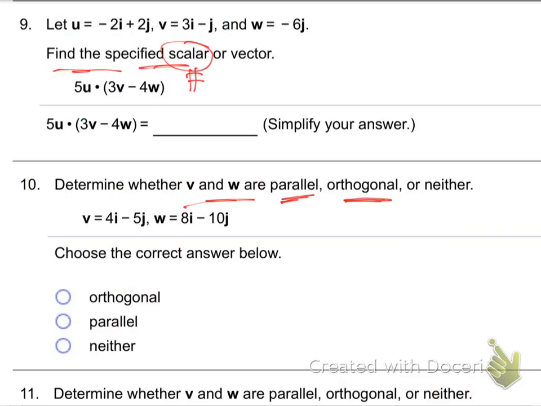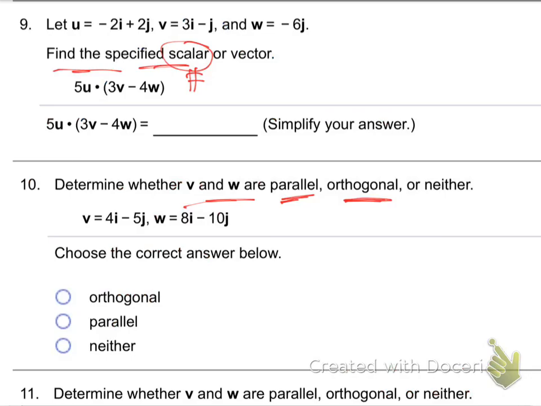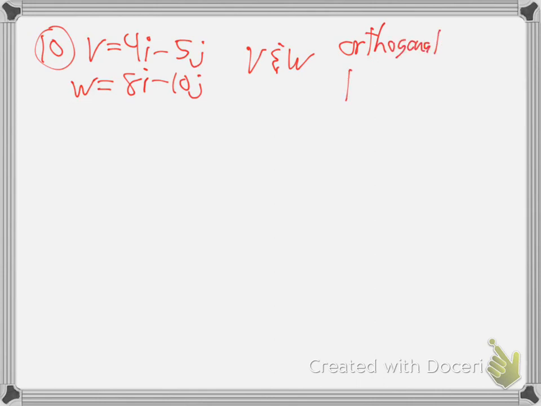So number 10 here. V is 4i minus 5j. And W is 8i minus 10j. And they're saying V and W, are they orthogonal, means perpendicular, parallel, or neither?